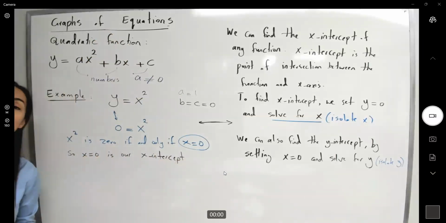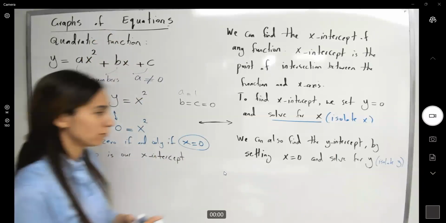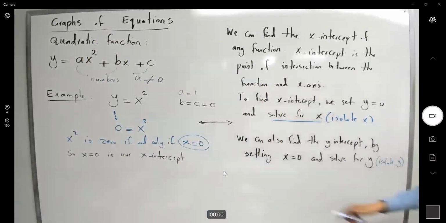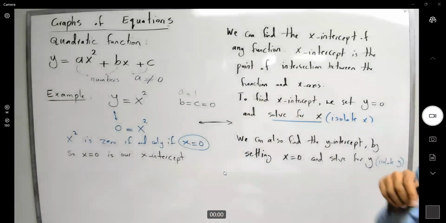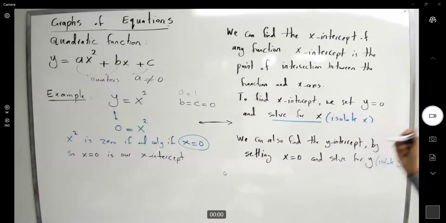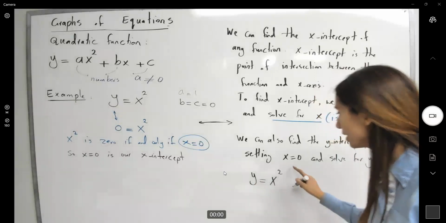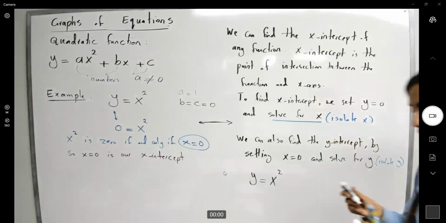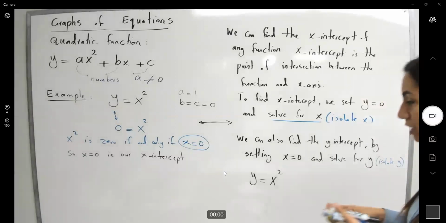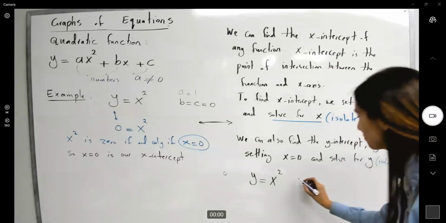What if I ask you to find the y-intercept? To find the y-intercept, you're going to set x equal to 0. Let us copy down the quadratic function here. Y is equal to x squared, and we set x equal to 0. So my y becomes 0 to the second.